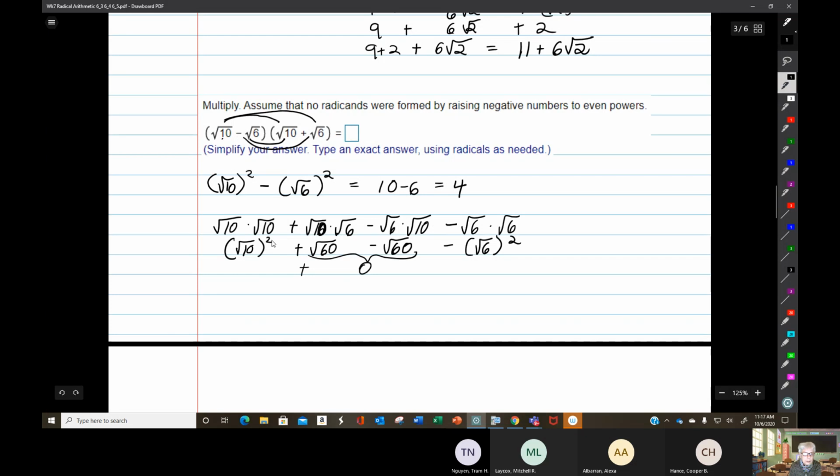The square root of 10 squared is 10. The square root of 6 squared is 6. So you have 10 minus 6, which is 4. Either way, 4 is the answer.